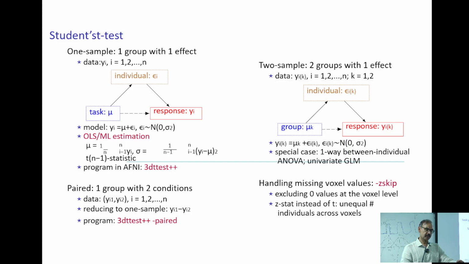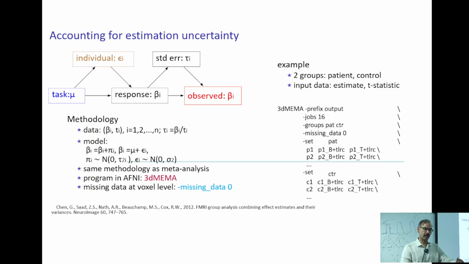Right, so this is again, if it becomes more complicated where you have two groups and then you have different conditions, then you can use a GLM kind of analysis to find these measures. Right?